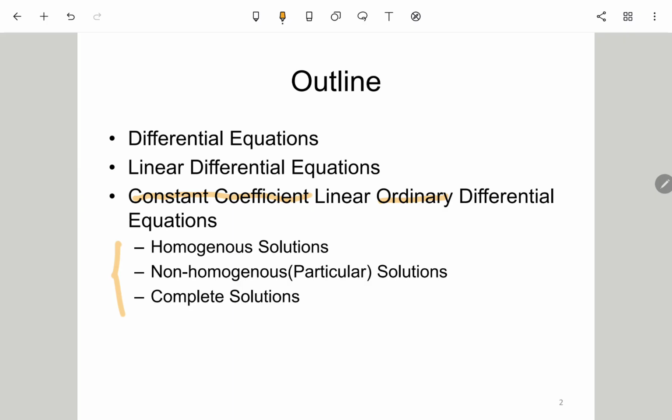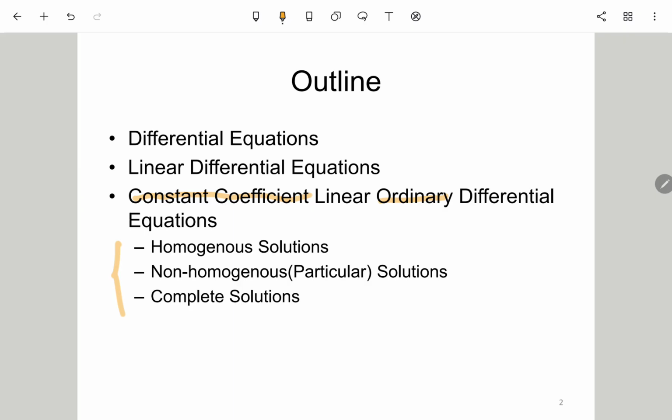Okay, because for other types of ODE, no matter whether it's linear or non-linear, those kinds of differential equations are not necessarily solvable by hand. Sometimes you really need a computer-aided program to get the numerical results.